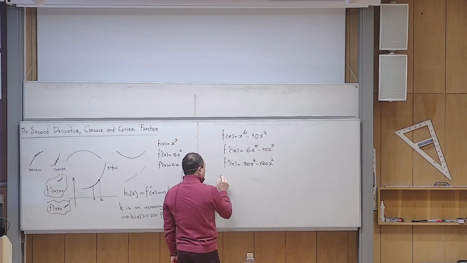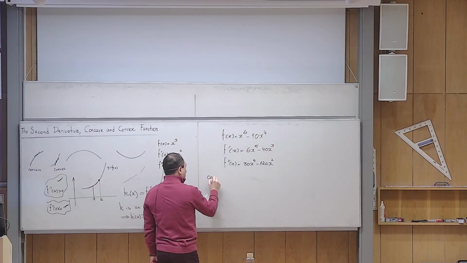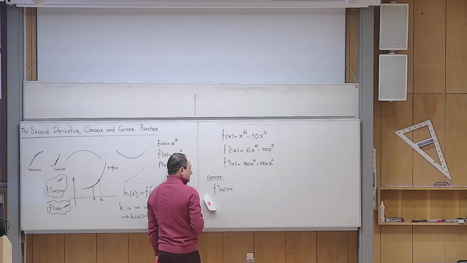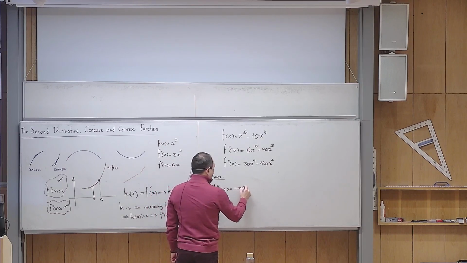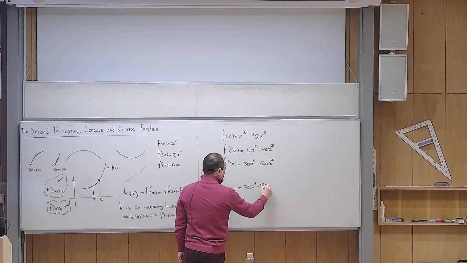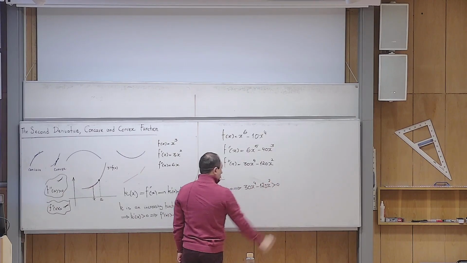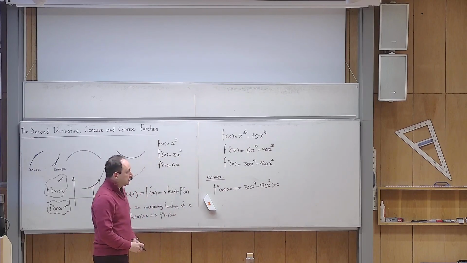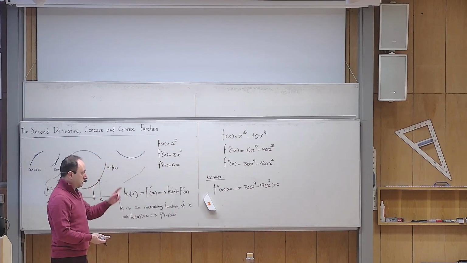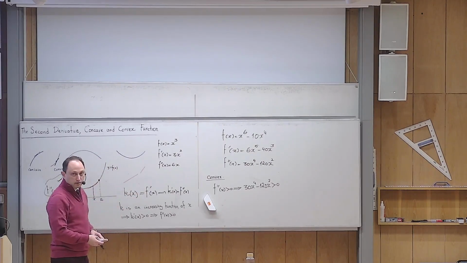Anyway, so let us just say for convexity, okay, convex. Convex happens if the second derivative is positive. So this means that 30x to the power of 4 minus 120x squared is supposed to be positive. And then you need to know the values for x which guarantee this inequality.